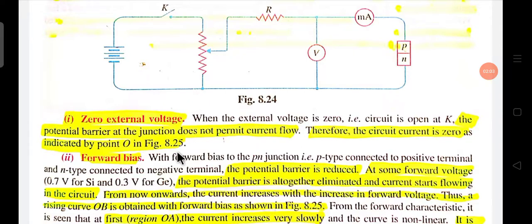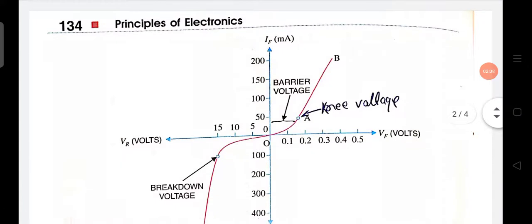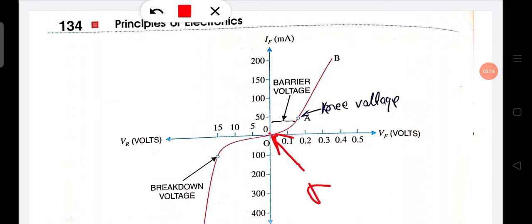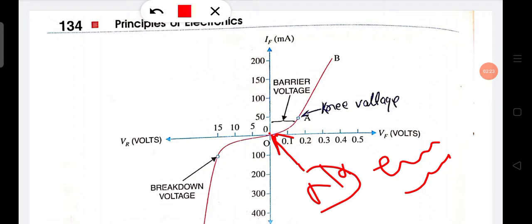So the current is 0, and this is represented here by point O. This point O represents no external voltage applied, so there is no voltage and no current.